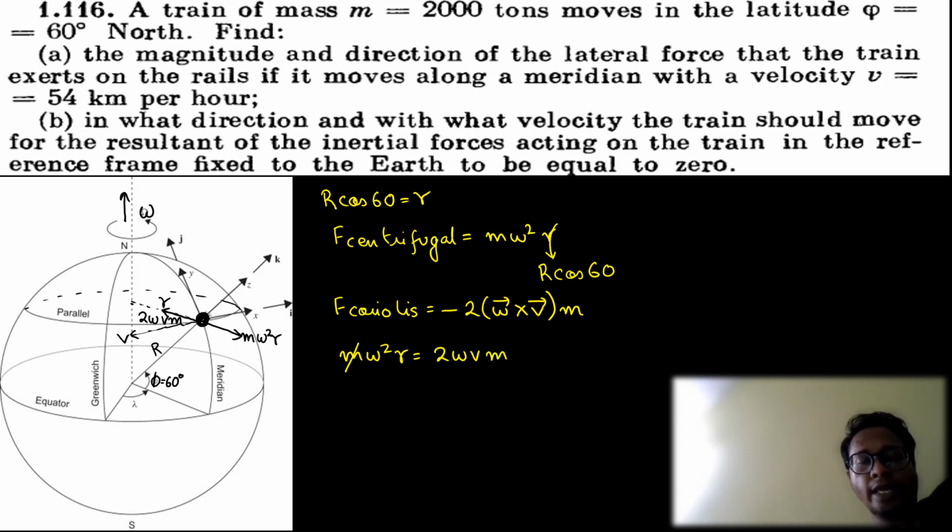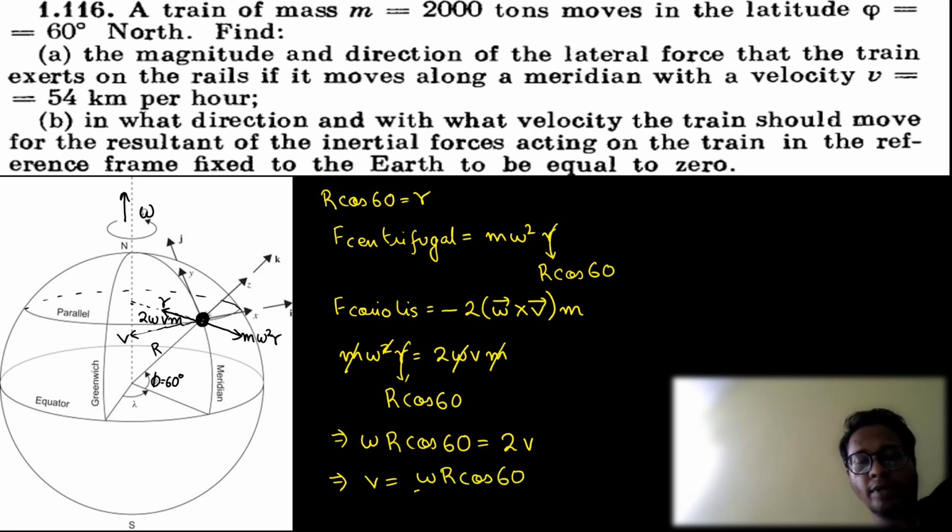Okay, m and m would get cancelled, omega and omega square would get cancelled. r is nothing but R cos 60, so omega R cos 60 is equal to 2v, or v is equal to omega R cos 60 divided by 2.